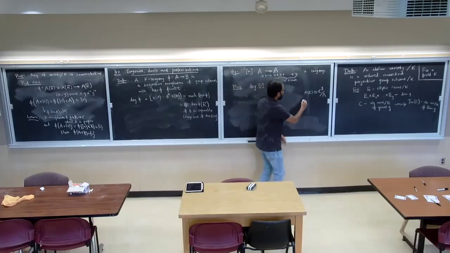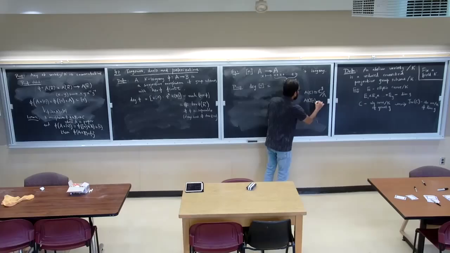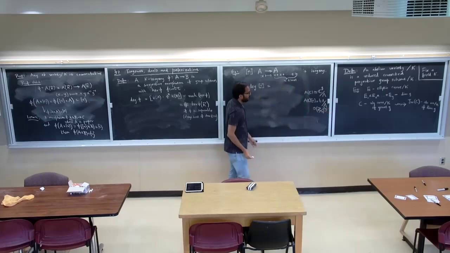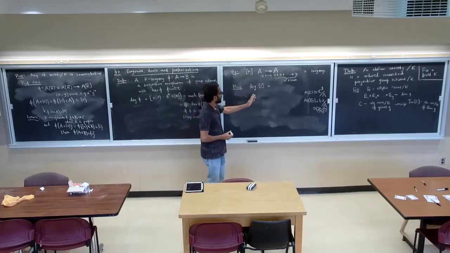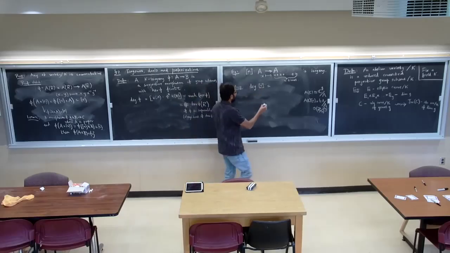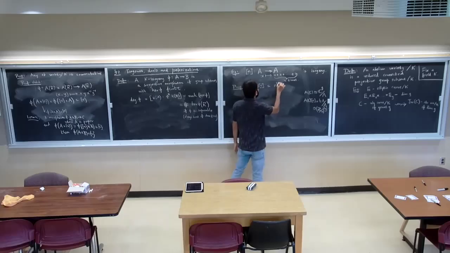It's 1 over n lambda, and so as a group, it is going to be isomorphic to Z mod n to the 2g, and so the degree of this is n to the 2g. But I want to say this in general for any base field. So this is still n to the 2g.